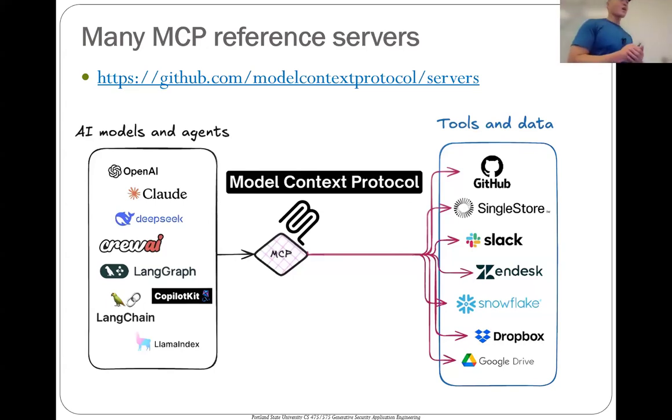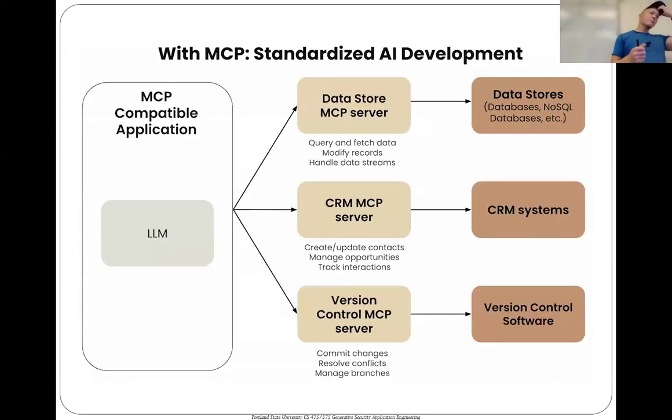Okay, so here's another picture. Basically, MCP is standardizing AI development. So you have any MCP compatible application, and then you can just call out. You can just say, configure this agent with these servers and the tools on all of these servers. So this is a data store. Maybe this is your database MCP server.